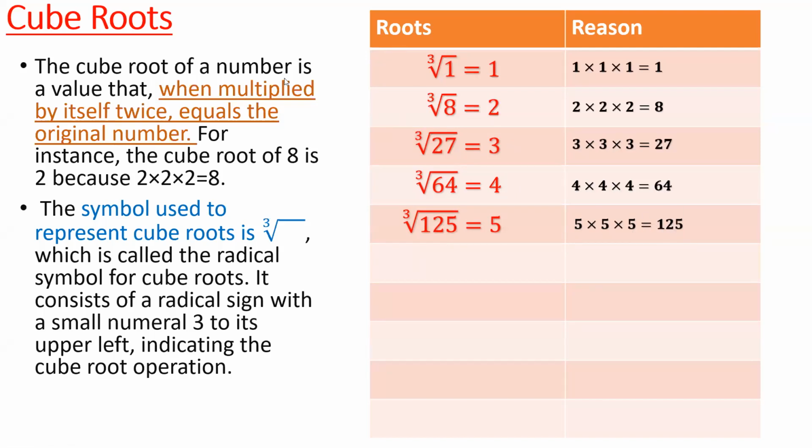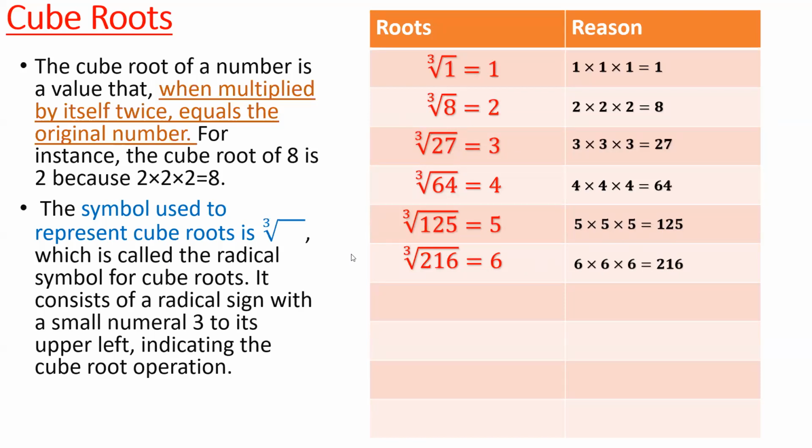So the cube root of 125 is 5. Then we have the cube root of 216. That's 6, because 6 times 6 times 6 is 216.